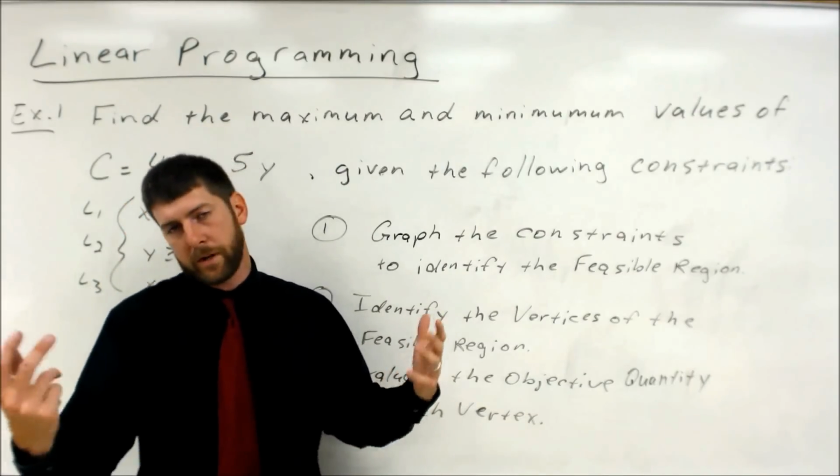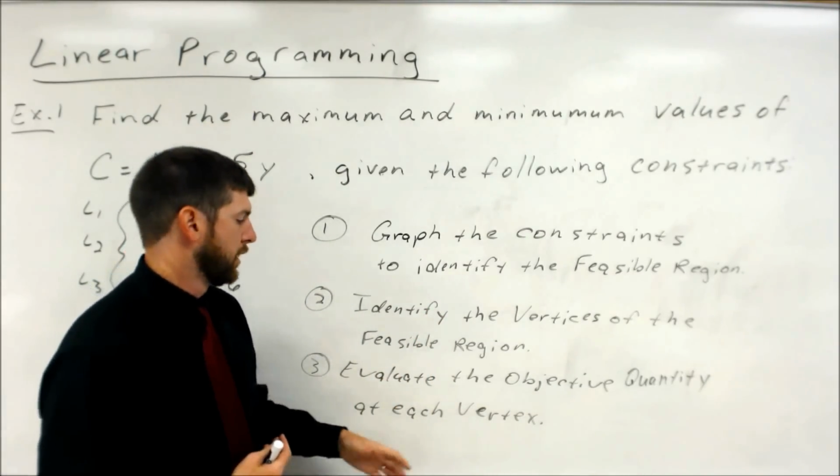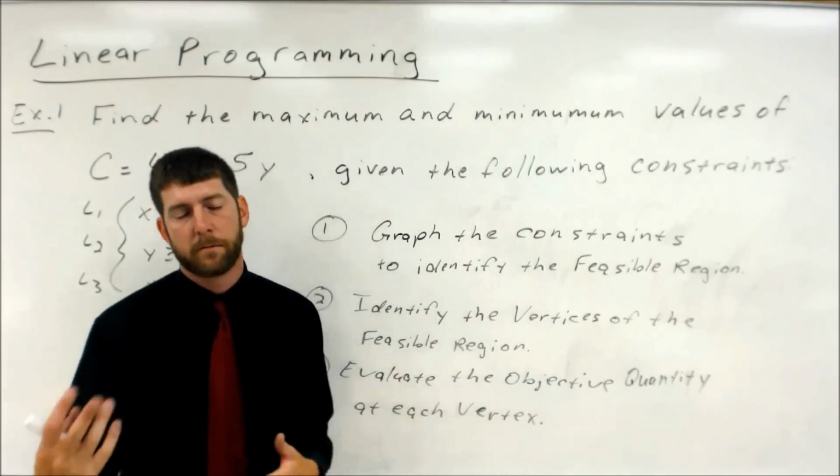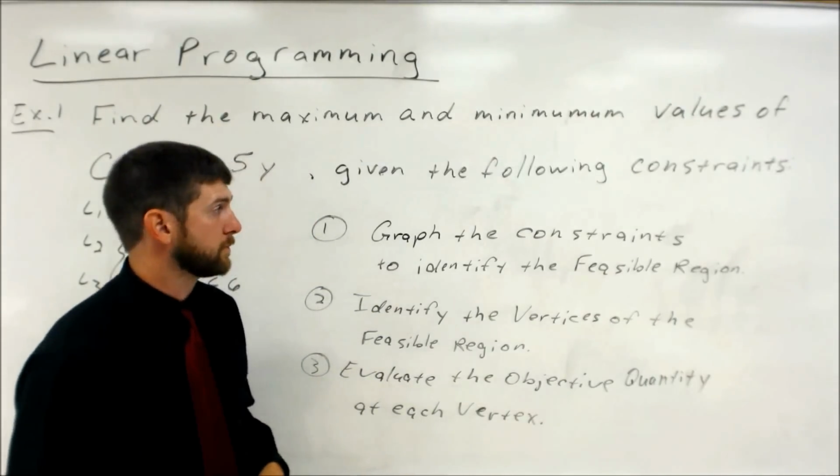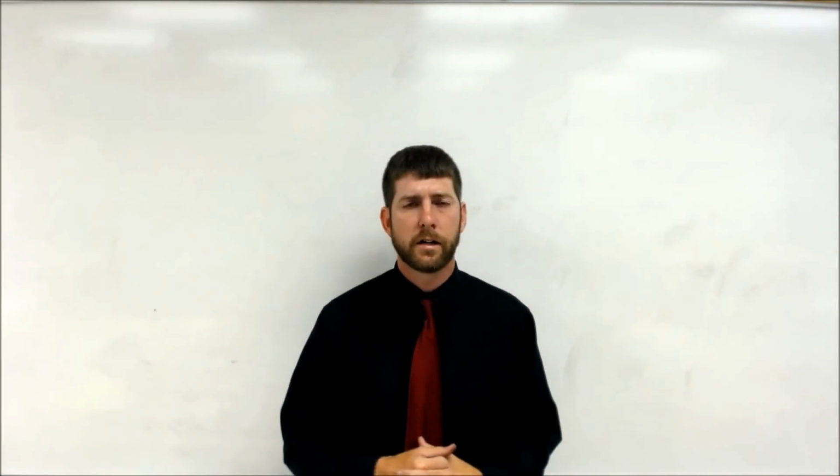And from there, you're just looking for biggest number or smallest number, depending on what they're asking for, maximum or minimum, or the point that produces a maximum or minimum. So that's linear programming in a nutshell.